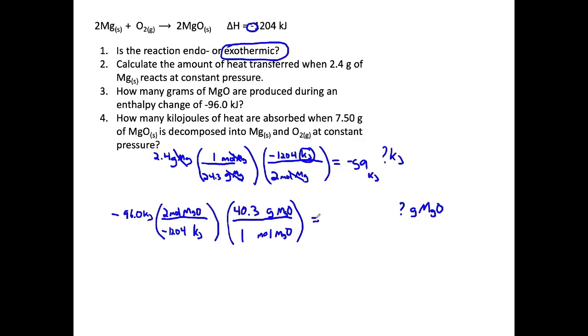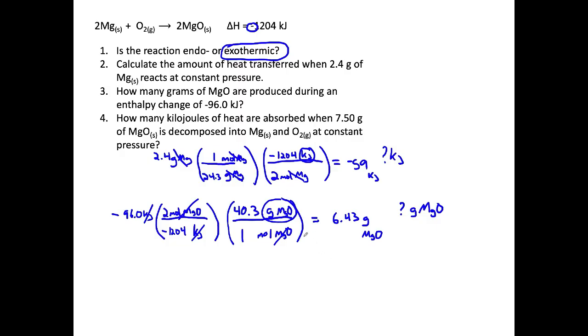That's just the molar mass. So kilojoules, moles MgO, and here I am at grams MgO. And go through the math here. We're going to get 6.43 grams of MgO must be produced if we have an enthalpy change of minus 96.